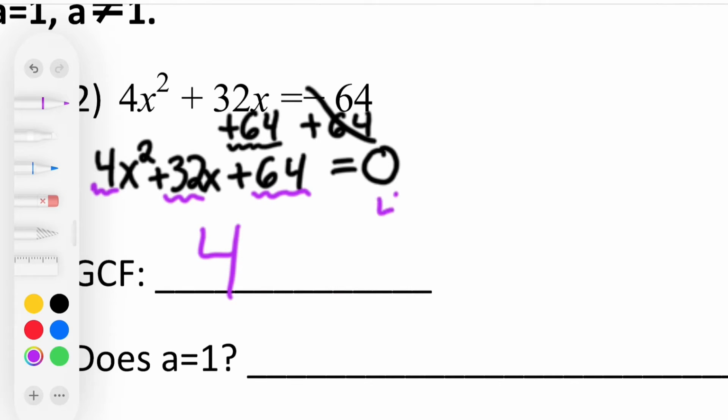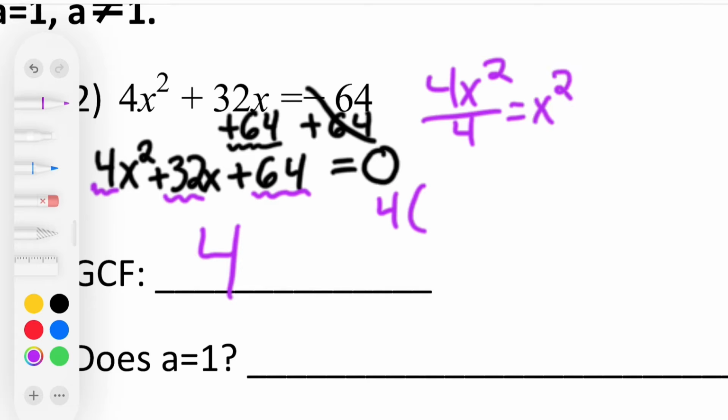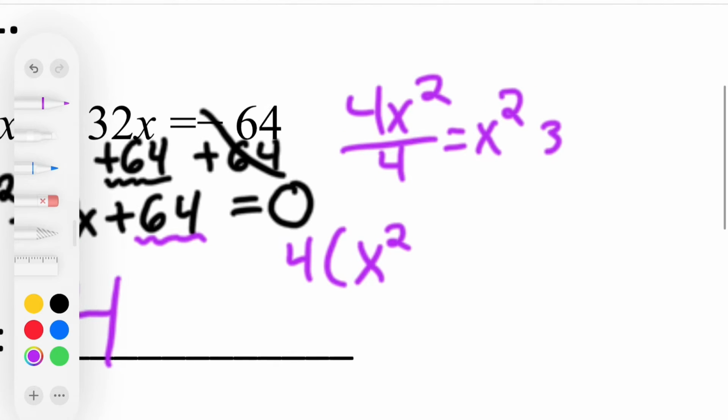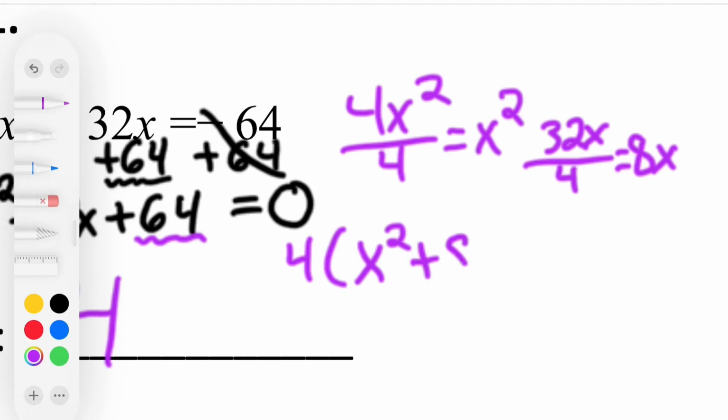So if we take out 4, we're going to have 4 times 4x squared, which is the first term, divided by our GCF, which gives us x squared. Then we have our 32, and that's positive 32x divided by our GCF, which gives us positive 8x.